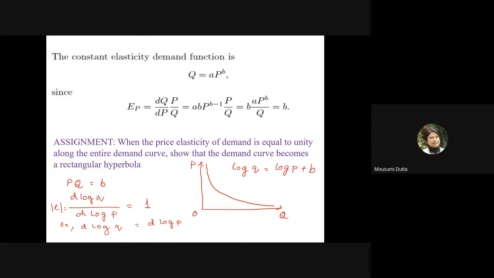Everybody is getting this? Integrating both sides, we are getting log Q is equal to log P plus B. B, you can consider any value of the constant, okay? Here, I gave this kind of equation, P into Q is equal to B, therefore, I'm writing the constant to be equal to B. Actually, we are getting a constant, any constant. Okay, so after this, what I'll do, log of Q by P equals B.